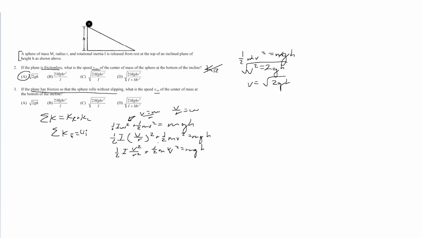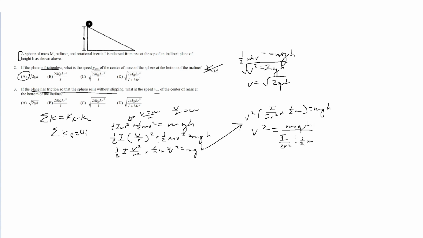And now we can factor out a v squared. We'll say v squared times (I over 2r squared plus 1/2 m) equals mgh. So now we can divide: v squared equals mgh divided by (I over 2r squared plus 1/2 m).